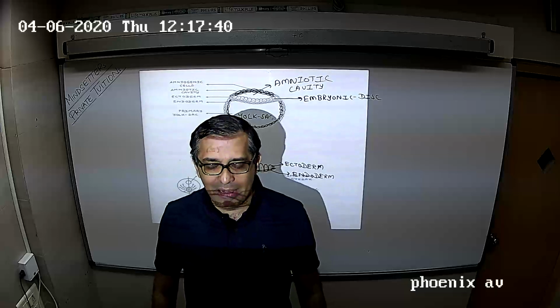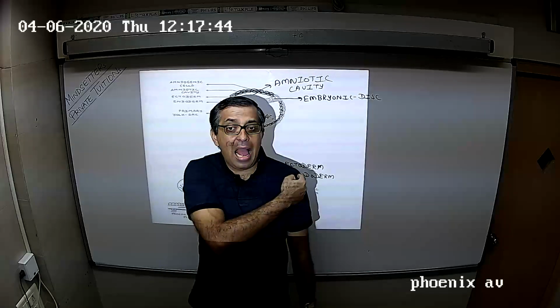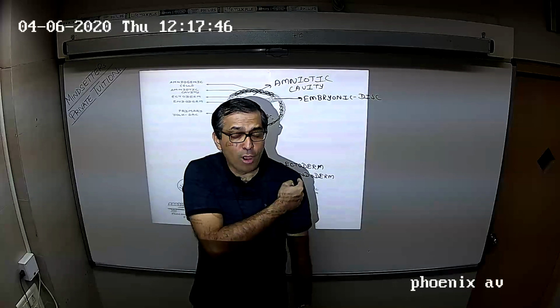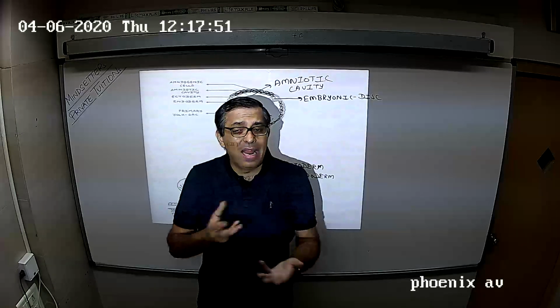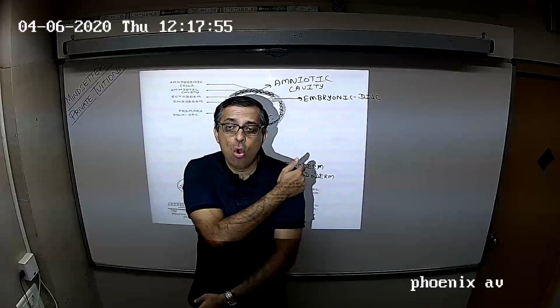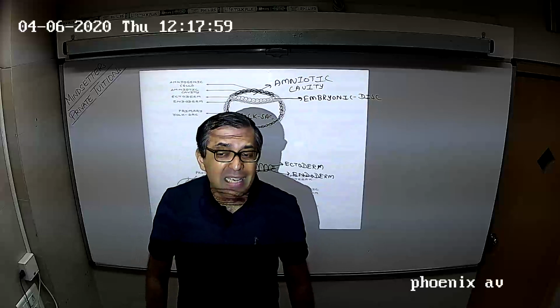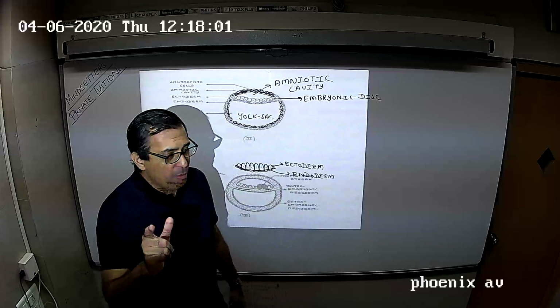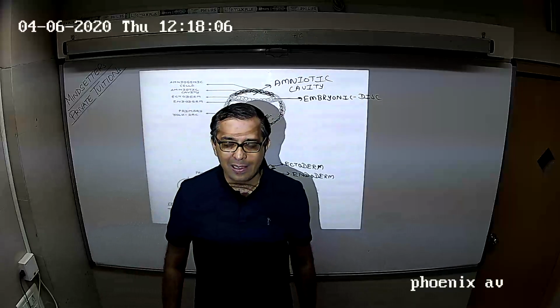Normally RBCs are made by the bone marrow of your bones, but in a growing fetus bones have not yet formed. If there are no bones in the baby, there will be no bone marrow. So who will produce the RBCs of a fetus? The RBCs will be produced by cells of the yolk sac.